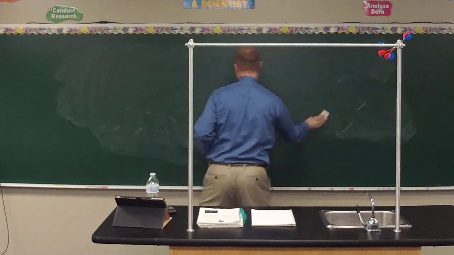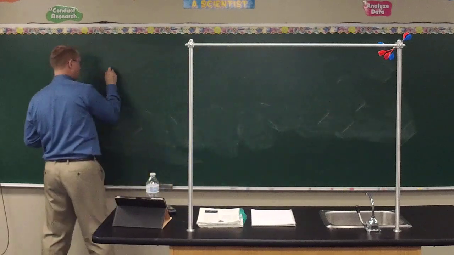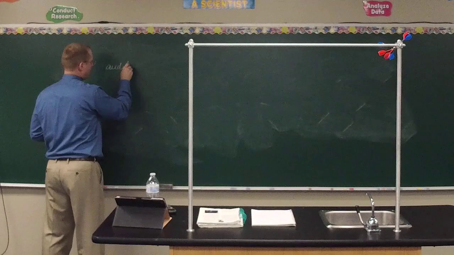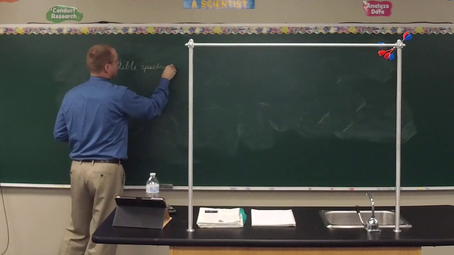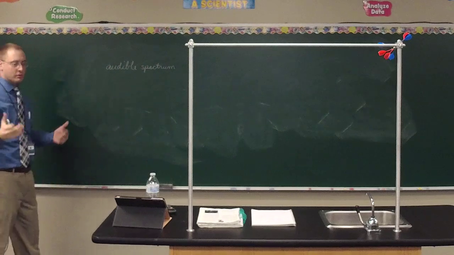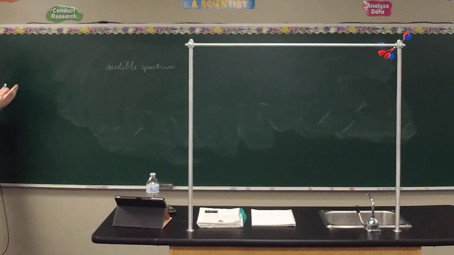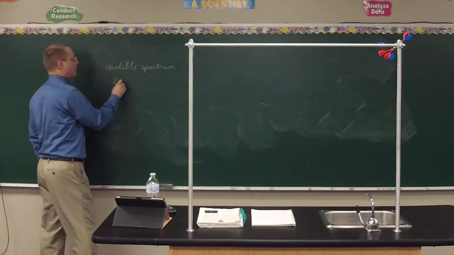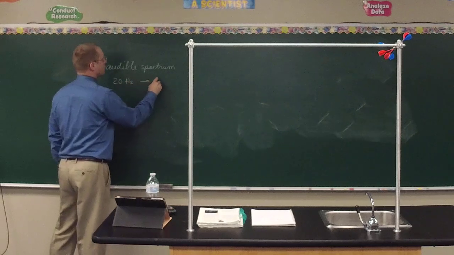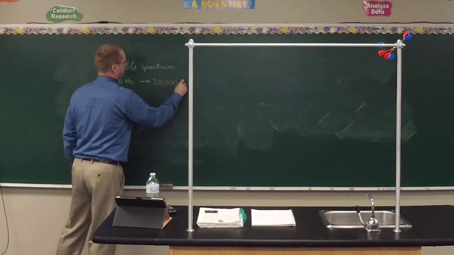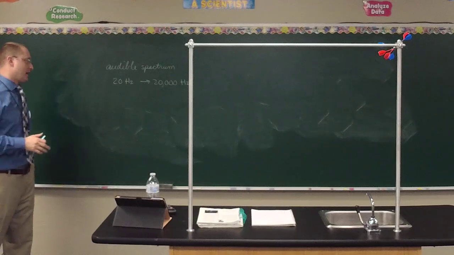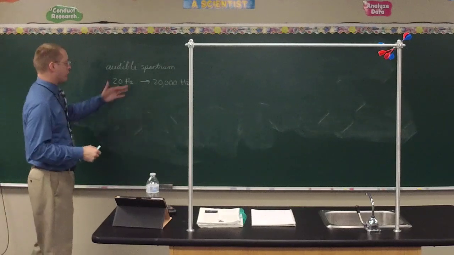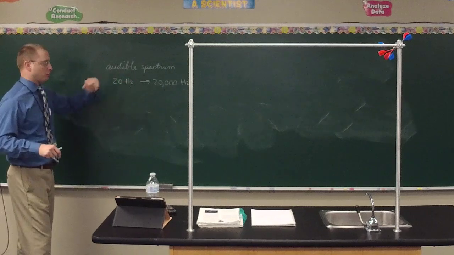Pitch. We know that the audible spectrum, spectrum simply referring to a range of values, okay? So a range of values that we can hear. The audible spectrum runs from 20 hertz to 20,000 hertz. Now that's for a healthy human ear. Okay, that does not mean that every human can hear frequencies as low as 20 hertz and as high as 20,000 hertz.